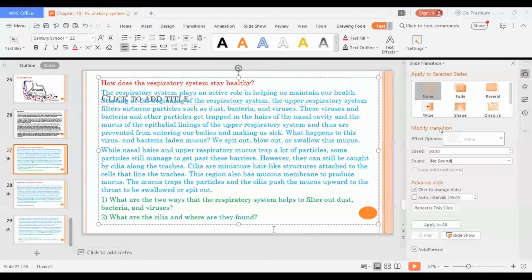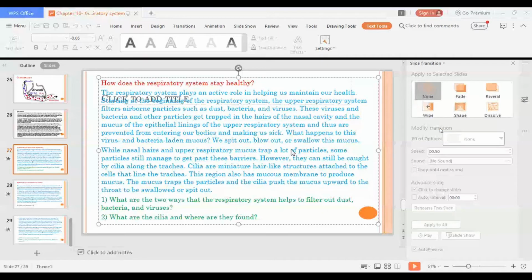Okay, so I think I will ask one student to read the first paragraph for me. Can you just unmute yourself?